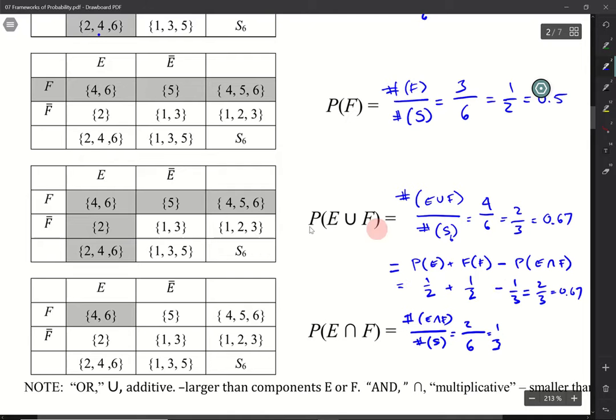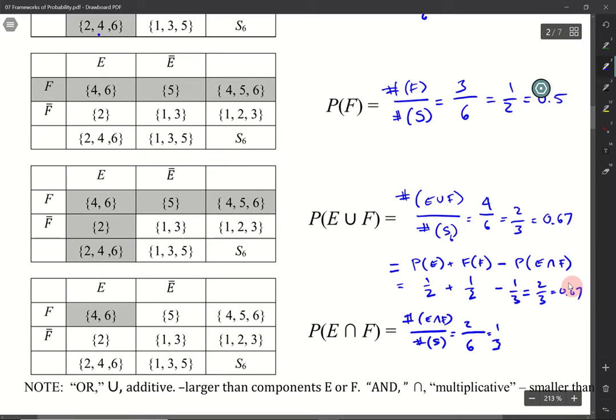Okay, so here we were able to inspect and count the intersection. We can count the number of elements in that set, and then we can compute it directly. Also, we know the general rule for addition, and so we can apply that and we get the same answer. Does that make sense? Good?